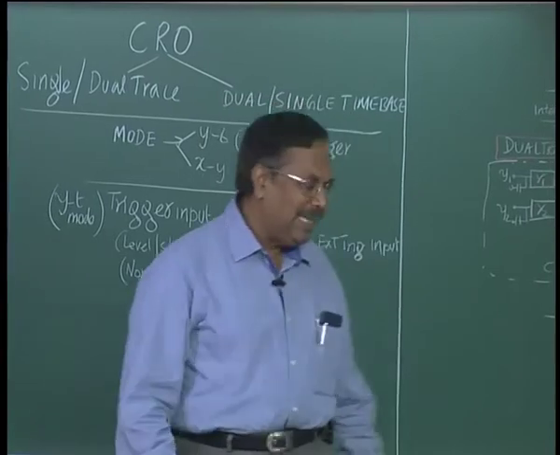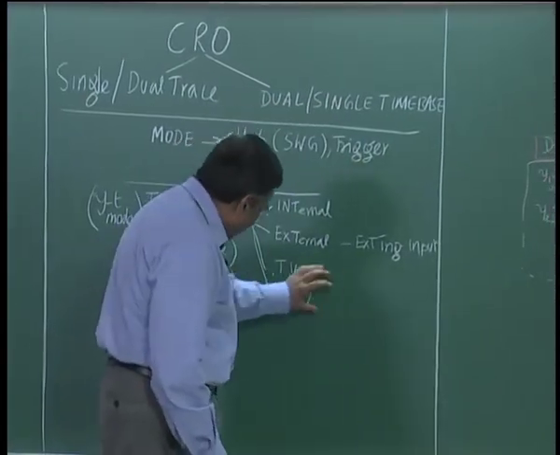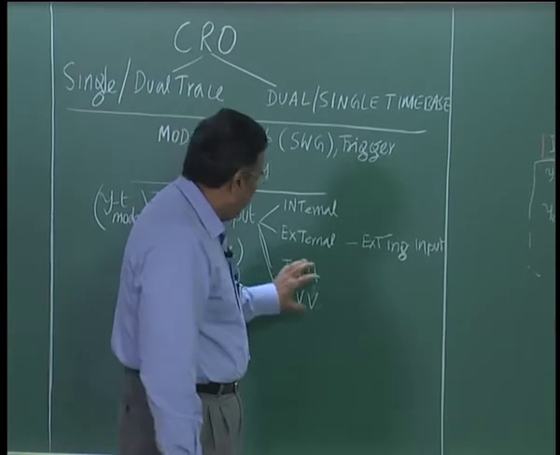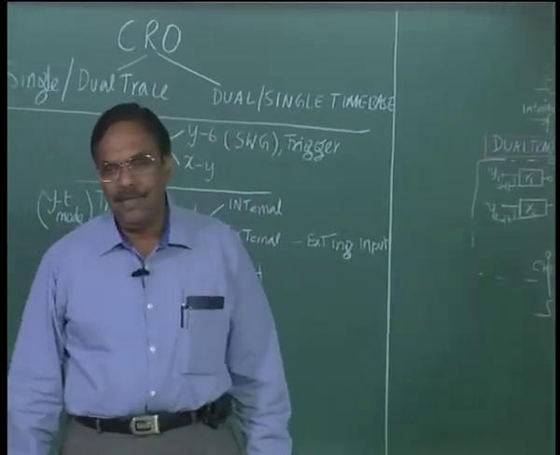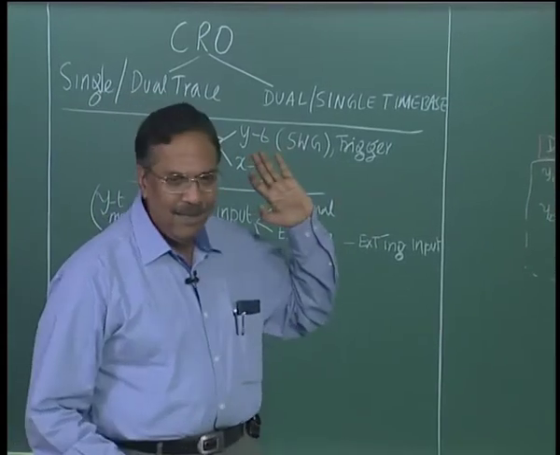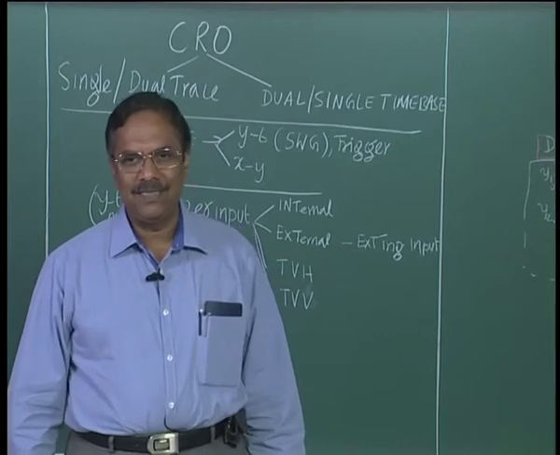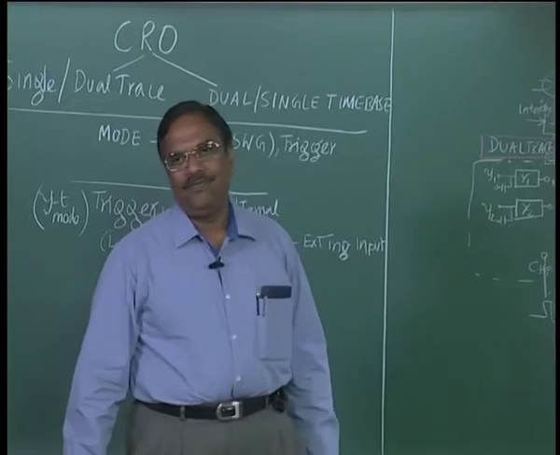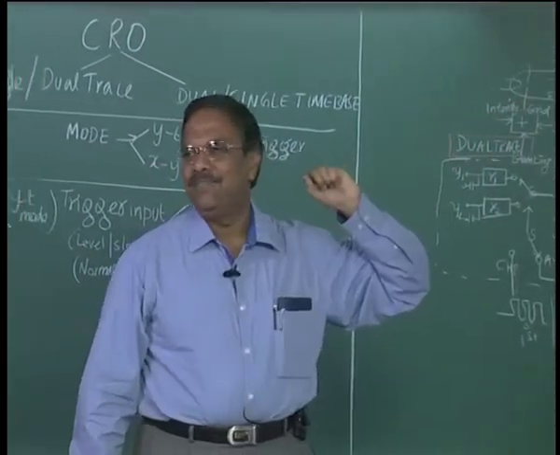So there is a separate circuit that comes between the trigger input and your trigger source, and you can choose that circuit to come into picture and synchronize with the horizontal television synchronization pulses. So you will be able to see one line of waveform on the television screen.